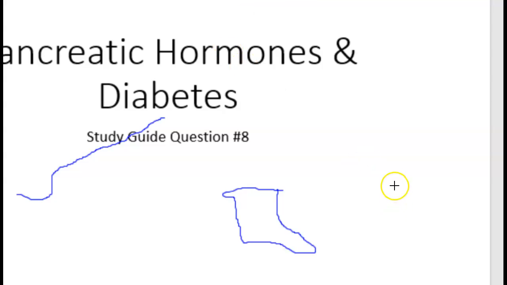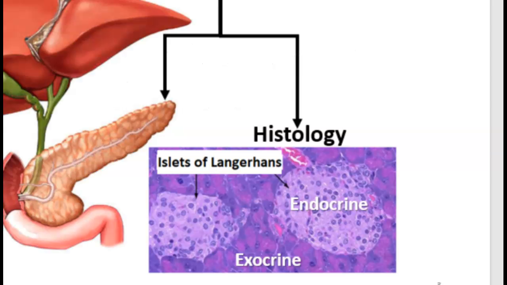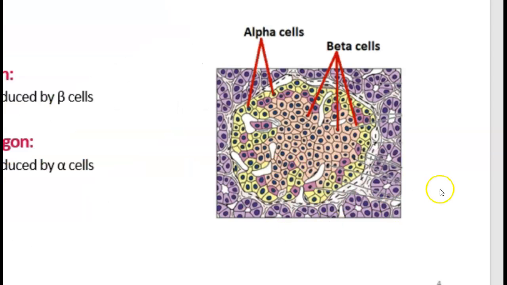So the portion of the pancreas that contains endocrine cells are these light-colored groupings of cells. These are called the islets of Langerhans. If we look at a schematic diagram of an islet of Langerhans, you see that there are different types of cells, and they can be stained with different antibodies so that we can recognize them.